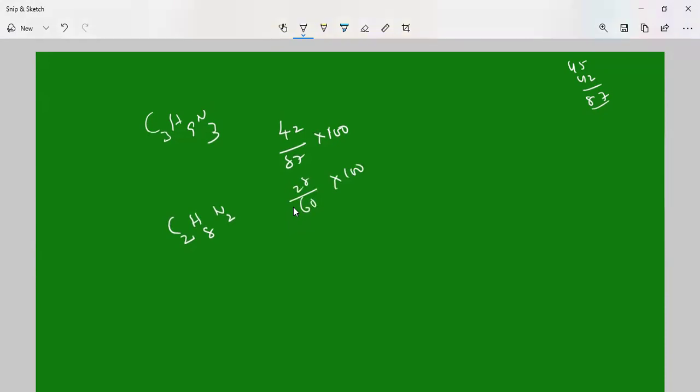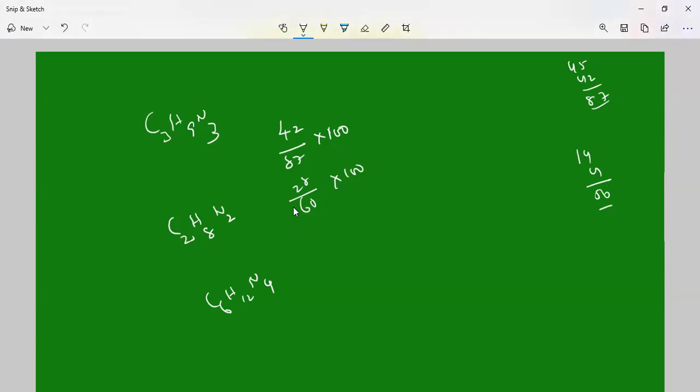Another one we have is C6H12N4. 1 nitrogen is 14, so 4 nitrogens is 56.